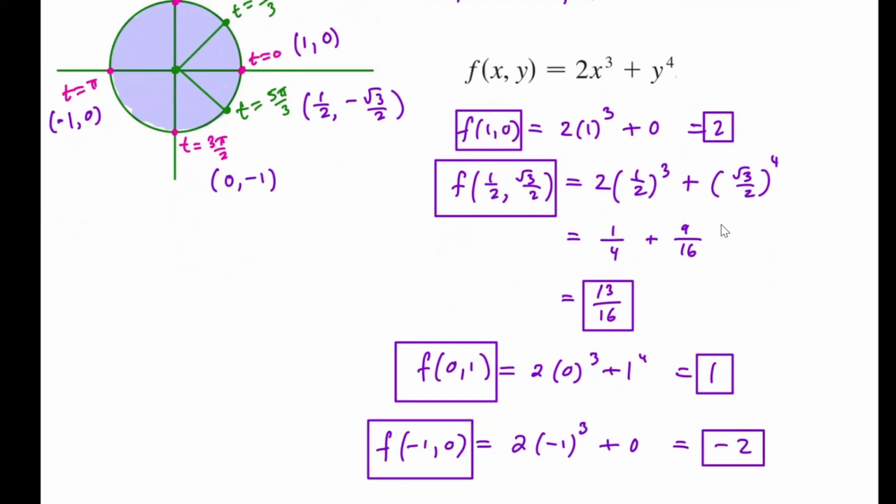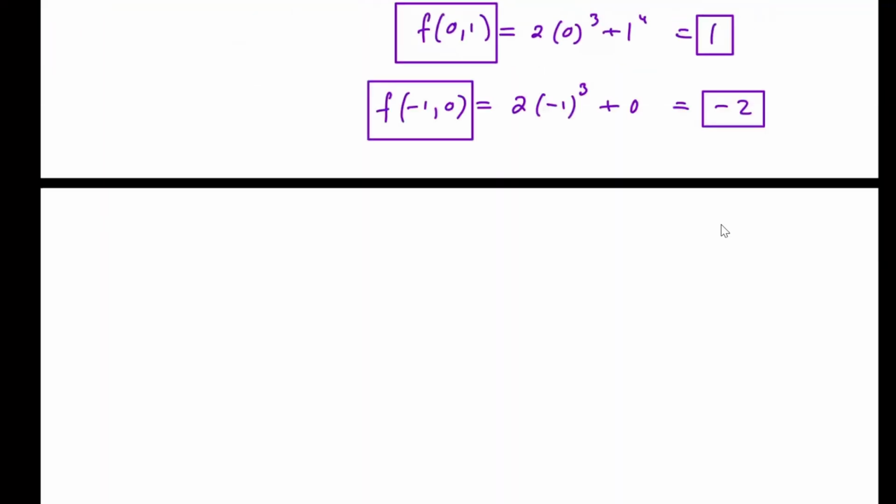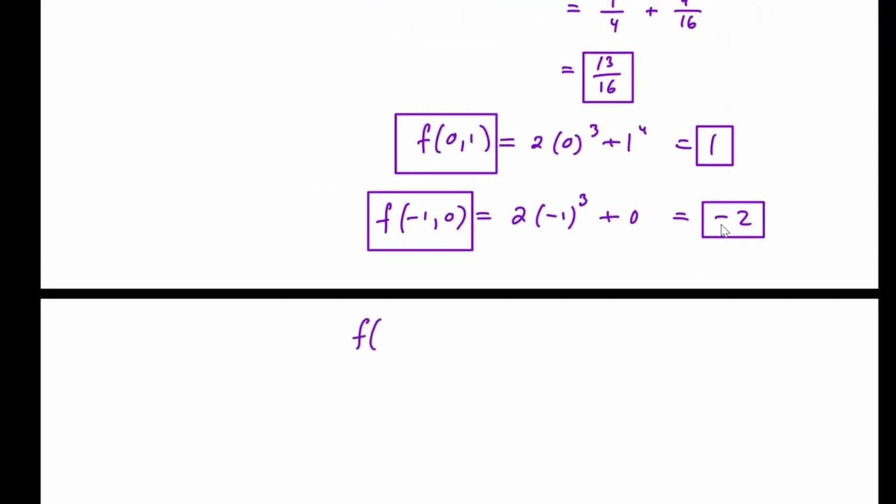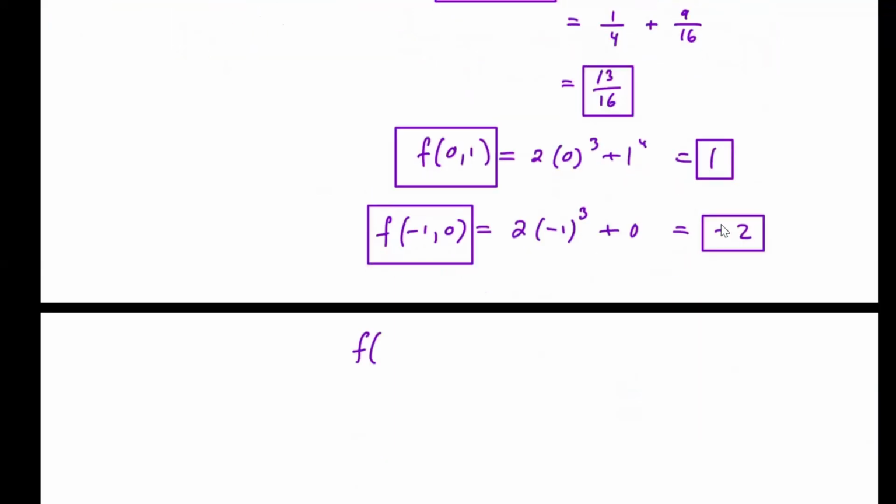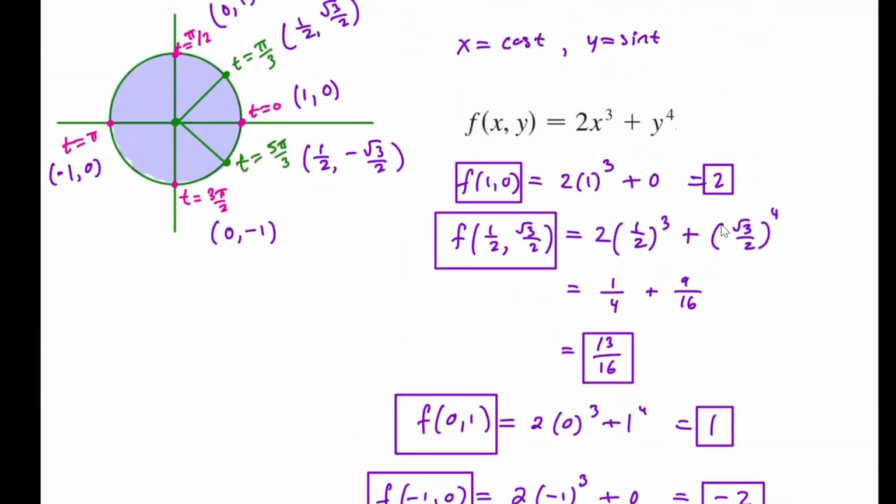And then the next one we're going to go to is this one right here. So we have to evaluate f at the point 0, -1. That's 2 times 0 cubed plus -1 to the 4th. That's going to give us 1 again. All right, we're almost there. The last point we need to check is this one.